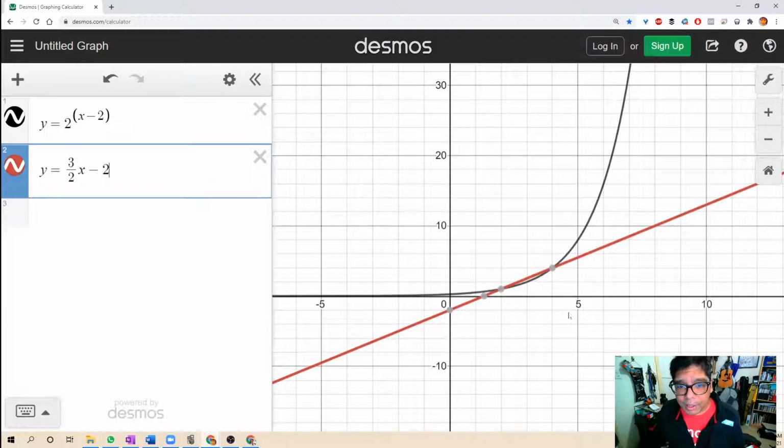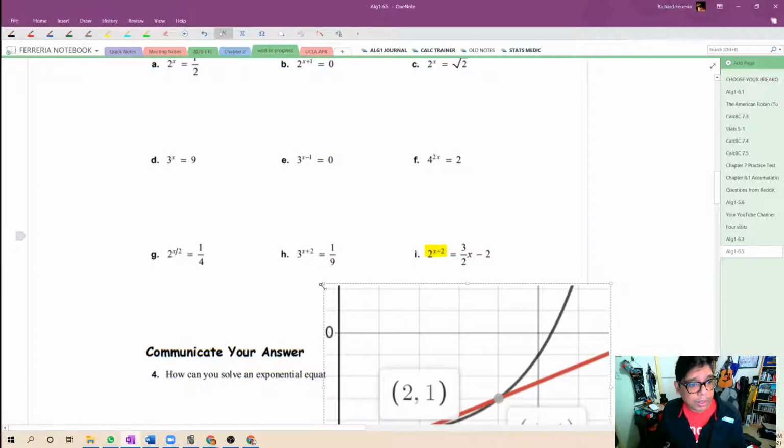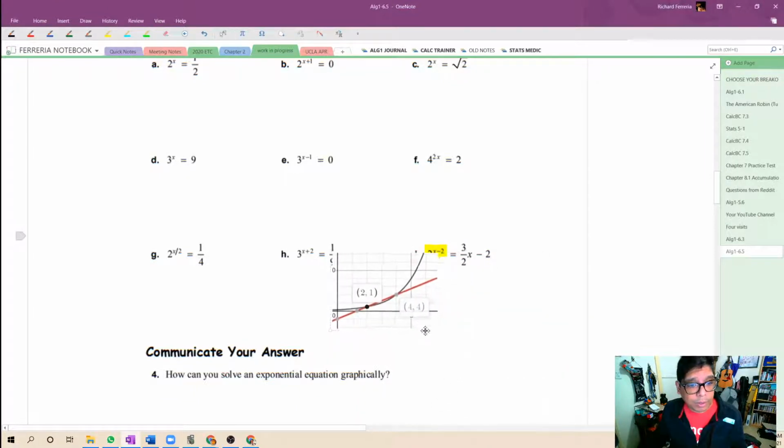And nicely here, this shows you that there are actually two places where this happens, at x equals 2 and x equals 4. And let me tell you, it doesn't get much nastier than equation I. I mean, that's an equation that's enough to give you fits, really.